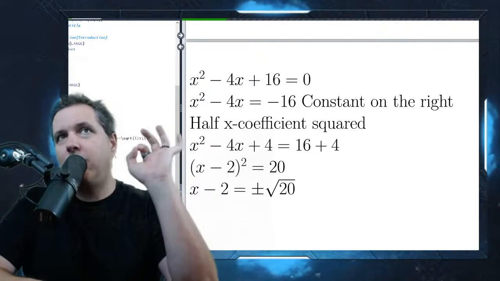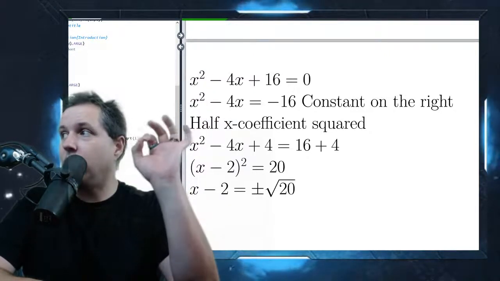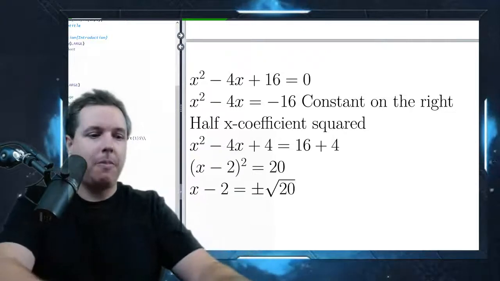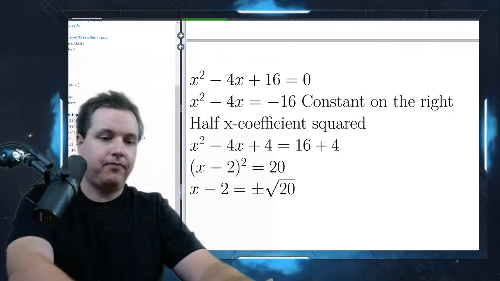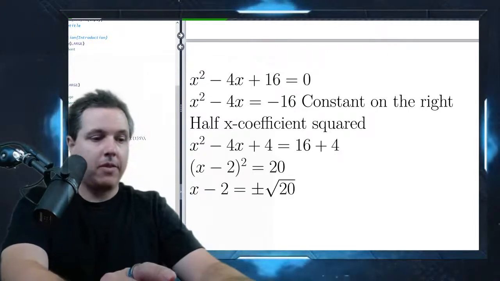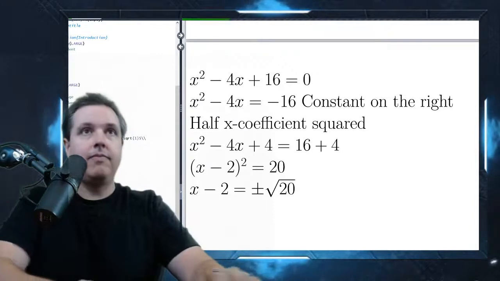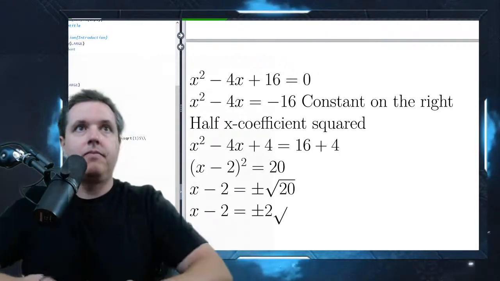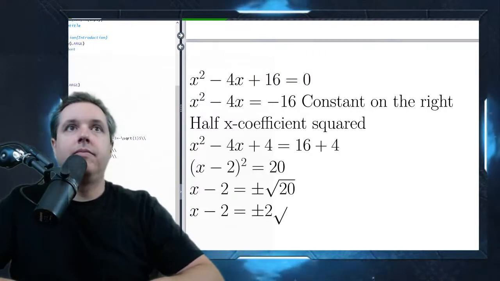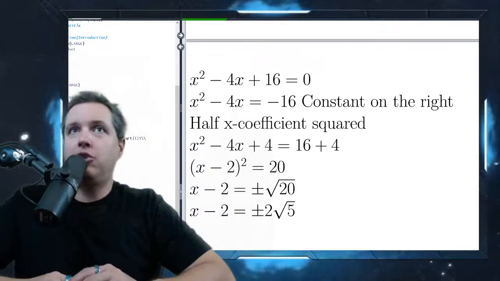Well, remember, square root of 20 breaks down as square root of 4 times square root of 5, and square root of 4 is 2. So x minus 2 equals plus or minus 2 square root of 5.